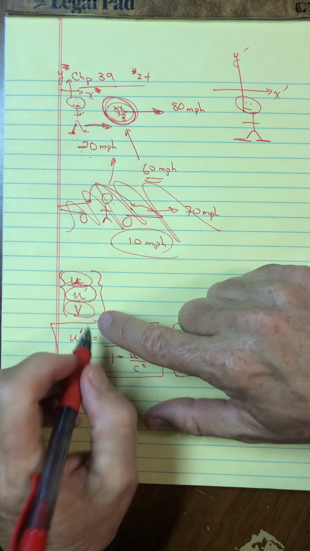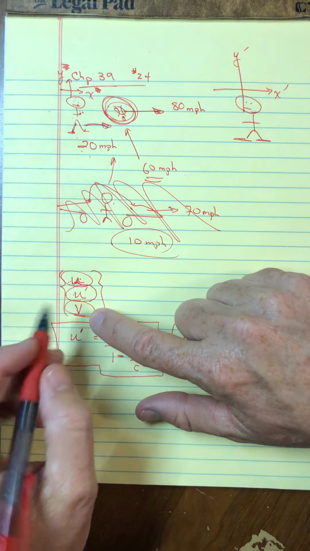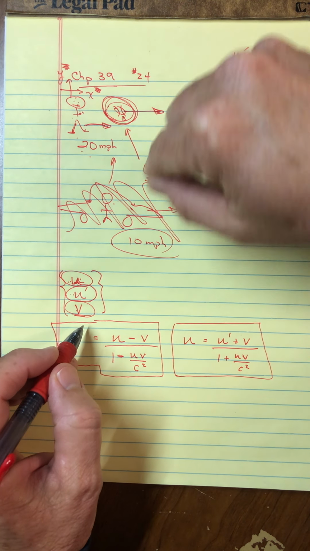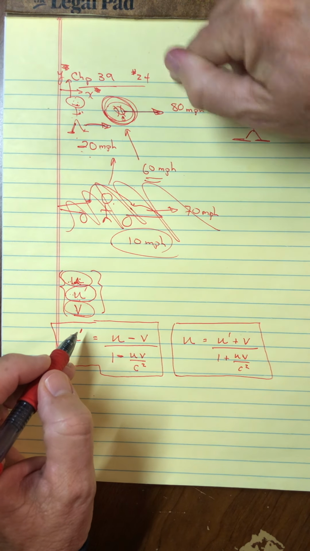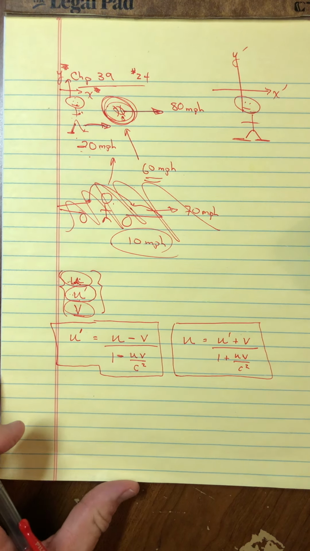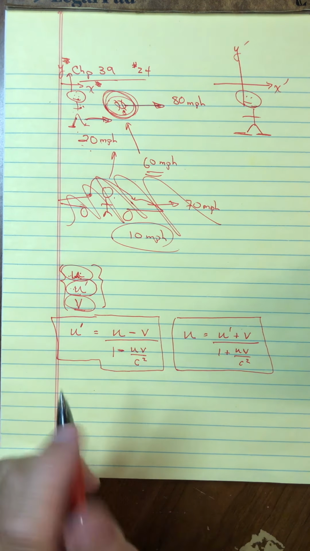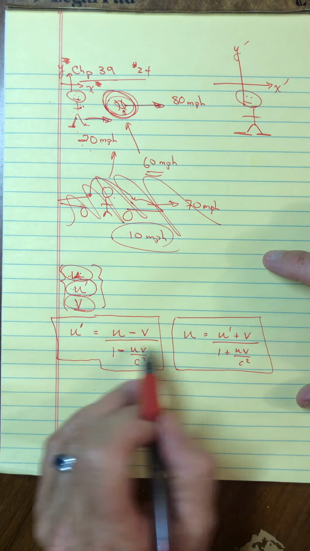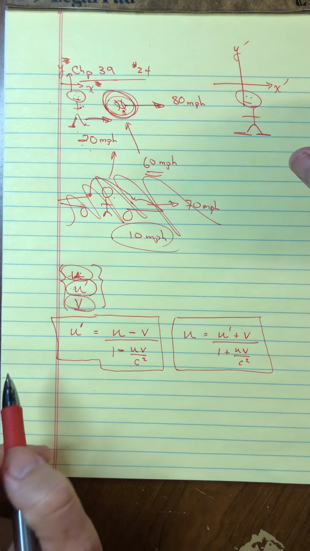So it is important we understand what v is. V is the velocity of the primed system as seen from the unprimed system, and so there could be a plus or minus.